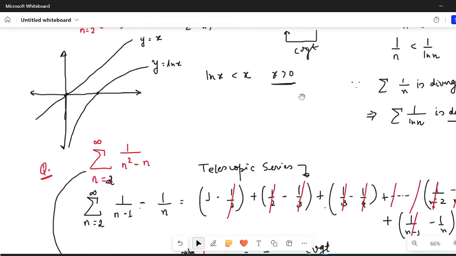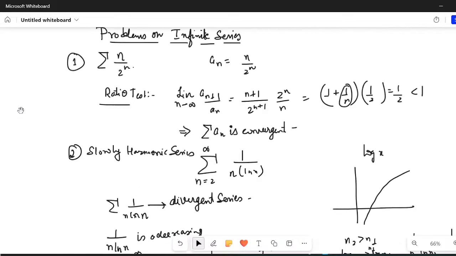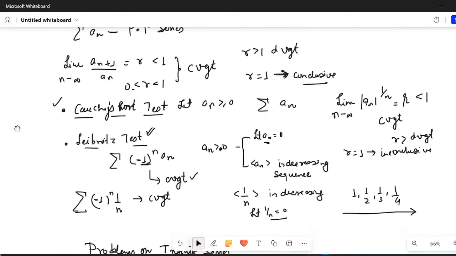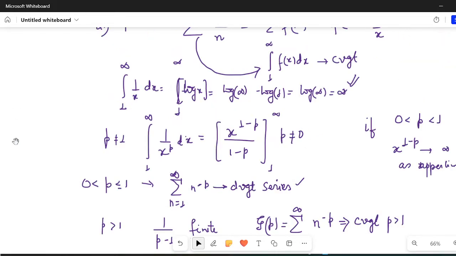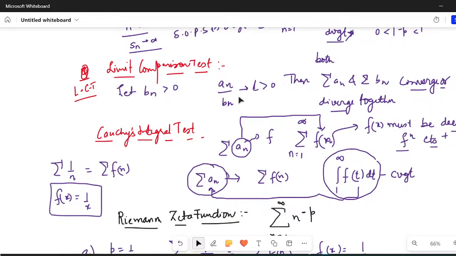Whenever you cannot think of any series for comparison, what you can do instead is use some series whose behavior you know. Then all you need to do is take an by bn, and if the limit as n tends to infinity of an upon bn is some finite positive limit, then summation an and summation bn both converge or diverge together. This is something that you should remember.